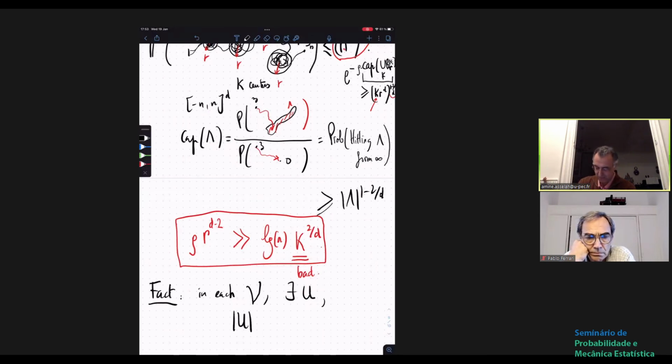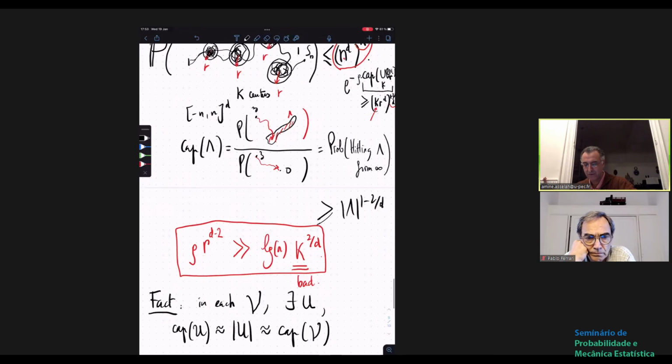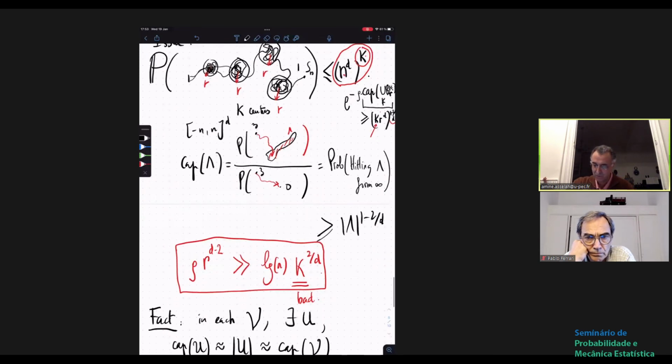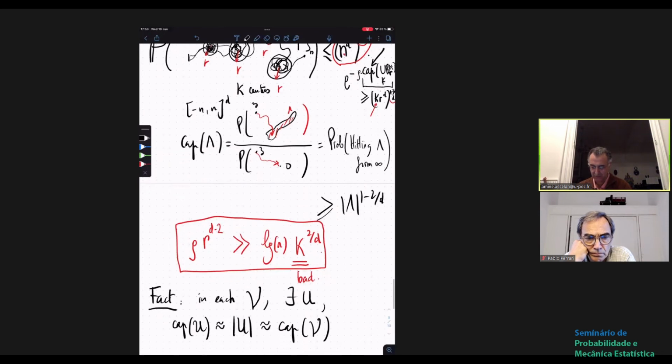So the volume of U is like the capacity of V, which is much smaller, but the capacity is the same, of the same order. There are constants between them. Since hitting or uniformly visiting is just linked with the capacity, those two sets, U a subset of V, will be seen the same way. So it's as easy or as hard to see one or the other.